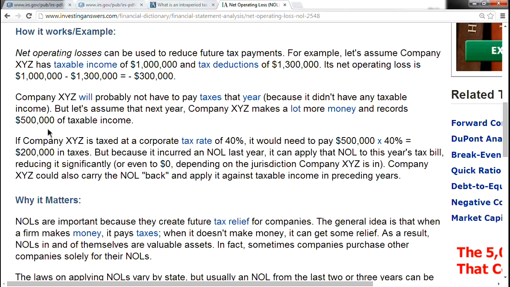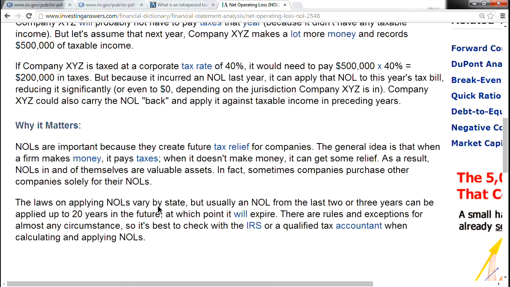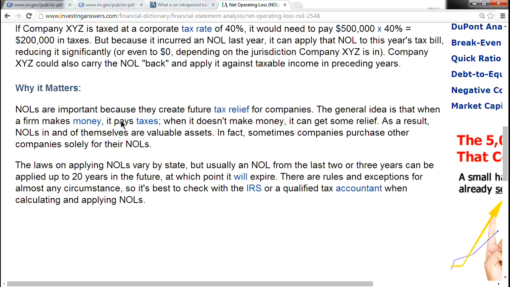We can net those amounts, the taxable income of $500,000 against that $300,000, and we can suggest that we're going to be taxed on $200,000 instead. Okay, so we can carry over these losses, and why does it matter?